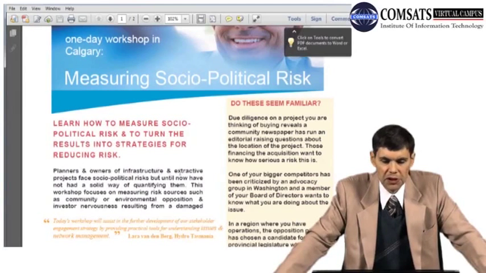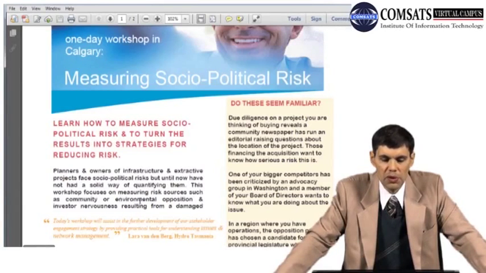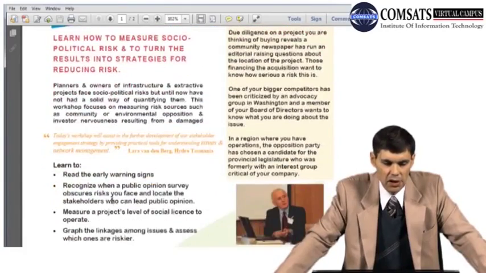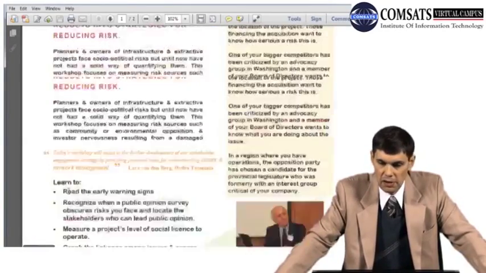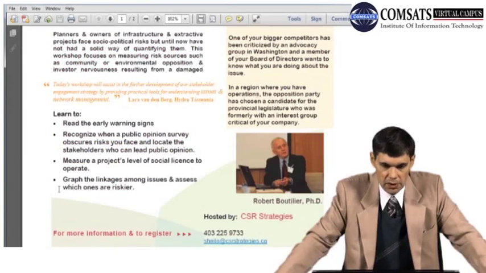Planners and owners of infrastructure and extractive projects such as mining face socio-political risks, but until now have not had a solid way of quantifying them. This workshop focuses on measuring risk sources such as community or environmental opposition and investor nervousness resulting from a damaged reputation.